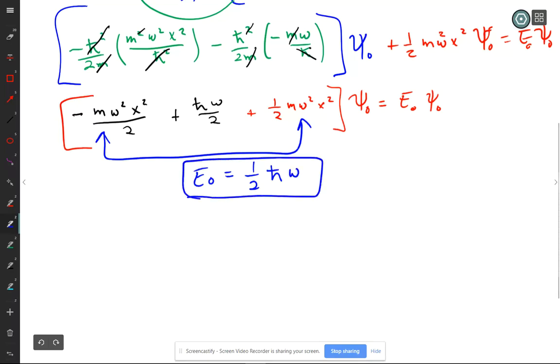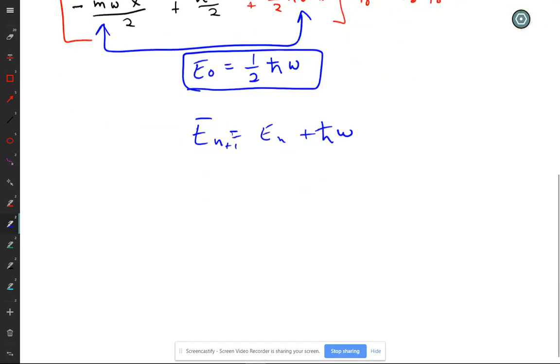Now I have all the energy states, because we had already established, before we did anything to find what the wave function was, that E sub n plus 1 is equal to E sub n plus h bar omega. That's what we had already established. So now if I just start at the beginning, E sub 1 is equal to E sub 0 plus h bar omega.